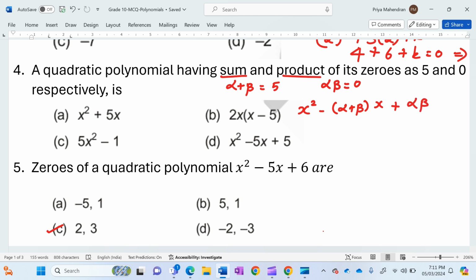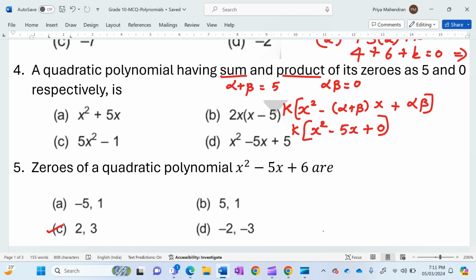So it can be k times as well, where k is some constant. So k can be 1 sometimes, or all the terms will be multiplied by some constant k. So x square minus, substituting alpha plus beta as 5, 5x plus alpha beta, which is 0, and it is k times.